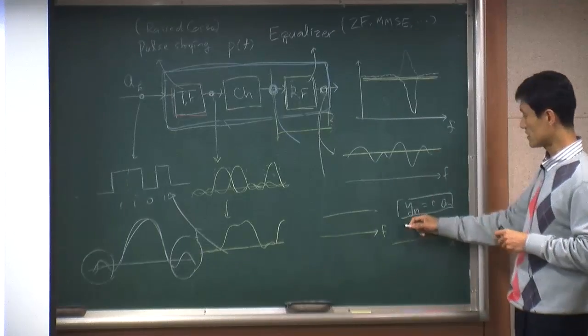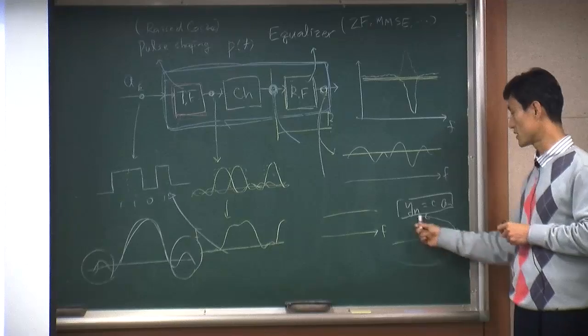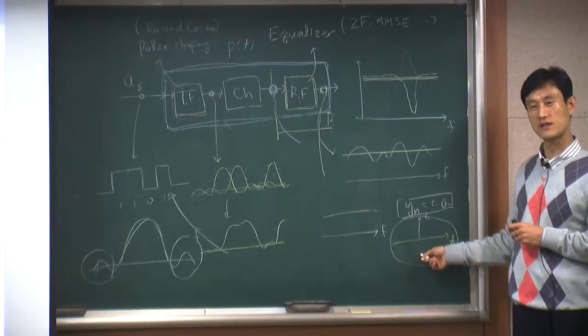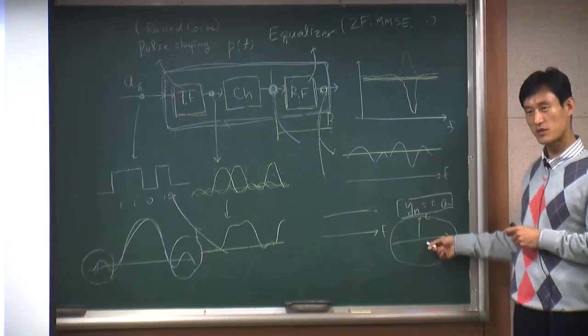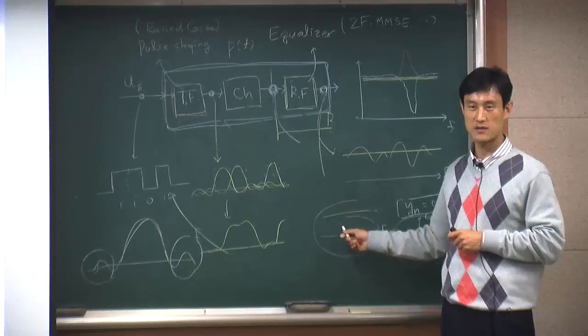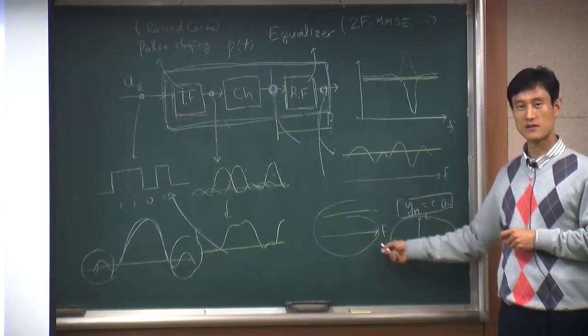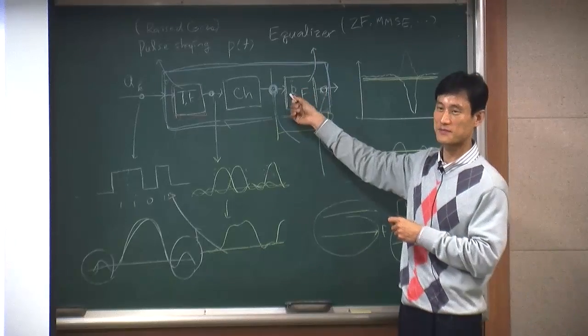In order to make this simple input-output relationship, we need to have this impulse response. So that's what we need eventually. But in order to make this impulse response, we need to equalize in the frequency domain. So these are the same thing, right? That's the main reason, and that's why we need to equalize it.